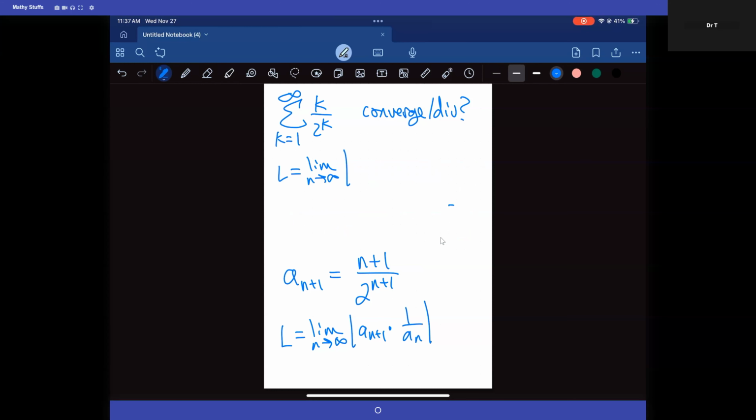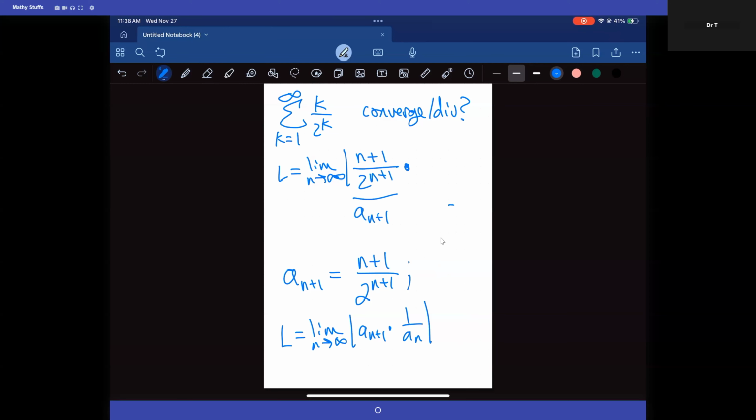The absolute value here doesn't play much of a role because everything is already positive, but I'm just writing it down for the time being. That will change. What we've got here is the top n plus 1. So right now I'm putting a sub n plus 1 in, so I replace k with n plus 1 here and there. So I've got that, times the reciprocal of a sub n.